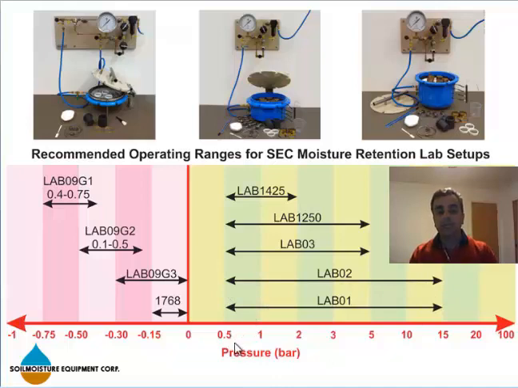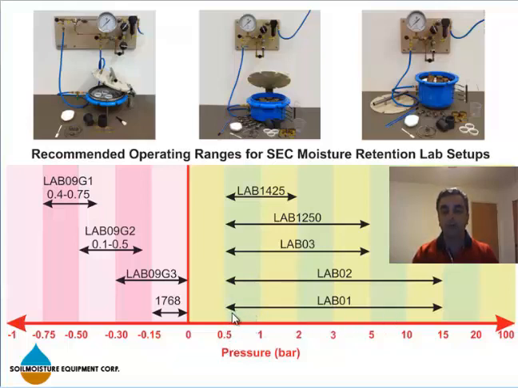Okay, now as you can see, I keep saying 0 to 5 and 0 to 15, but the arrow shows half bar to 15 bar and half bar to 5 bar. The reason is, as I said, we recommend that you do not use a pressure method for pressure applications under 3/4 of a bar, or here I just put half bar.